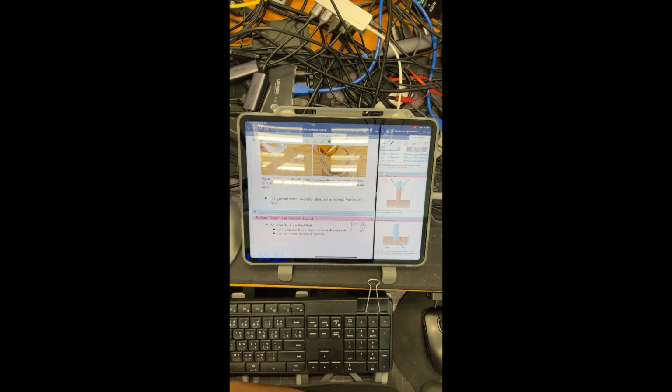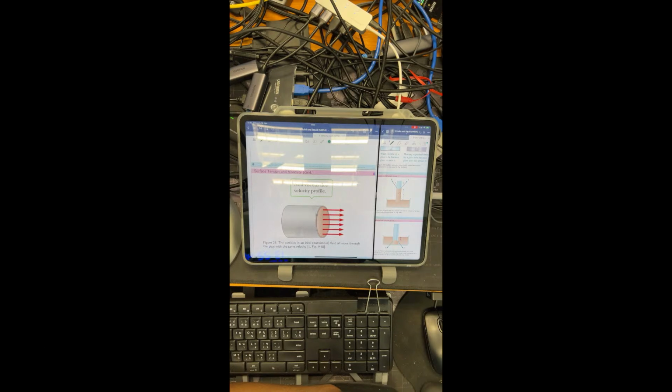When v doesn't change and the mass of that object remains the same, the density is going to be the same. Let's say rho stays constant, and it has no internal friction or viscosity, and that's the ideal fluid. I don't think that we would have an ideal fluid that has zero friction in movement at all, but that's the ideal case. Now let's get into the detail of viscosity.